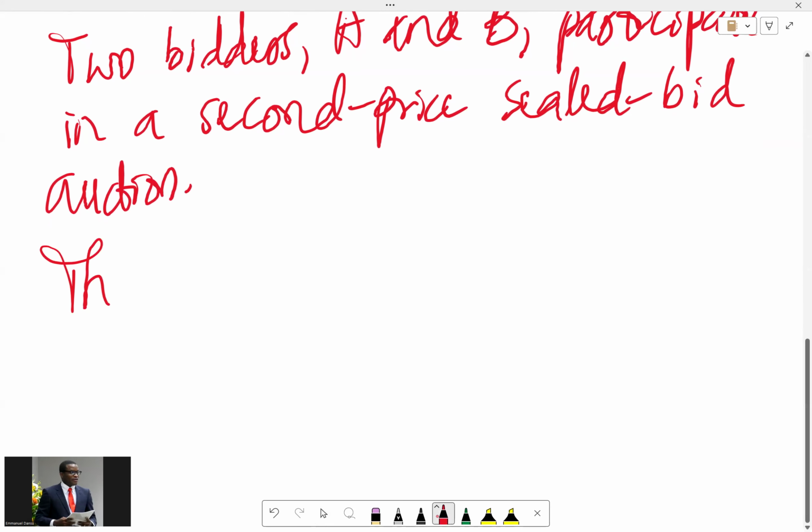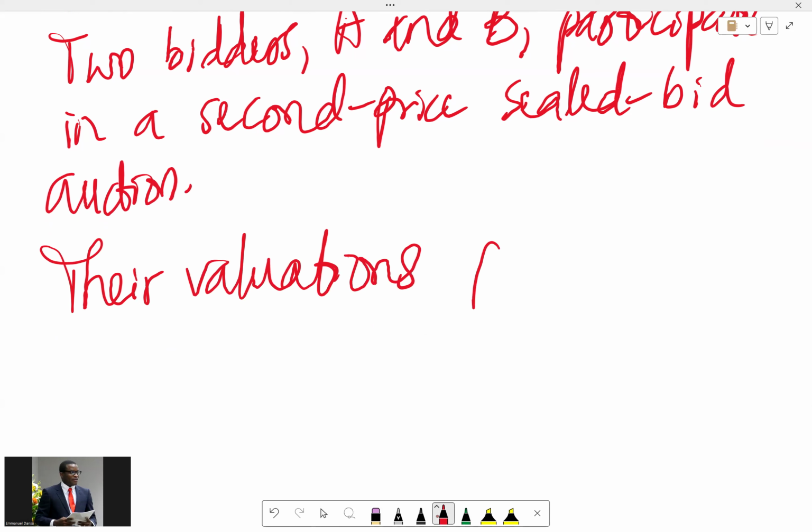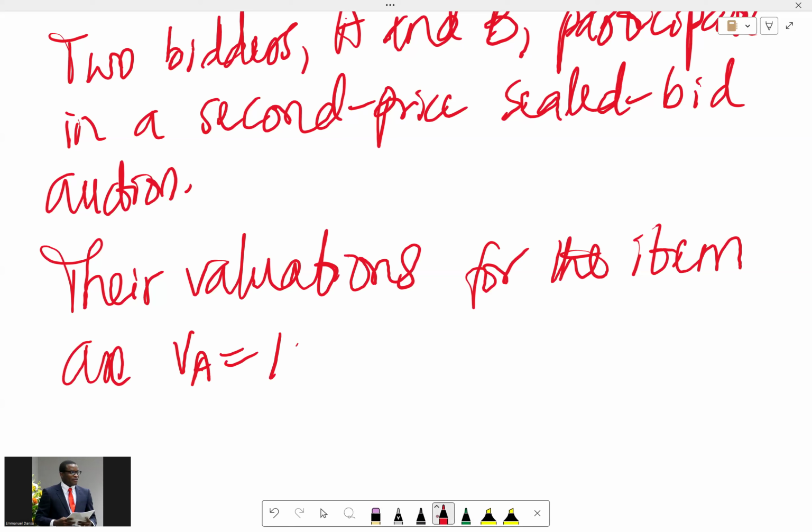Their valuations for the item they are bidding for are V of A, that's 100, whatever, 100 million, 100 billion, whatever, and V of B, which is 80. Those are their prices, their valuations for what they are bidding for.